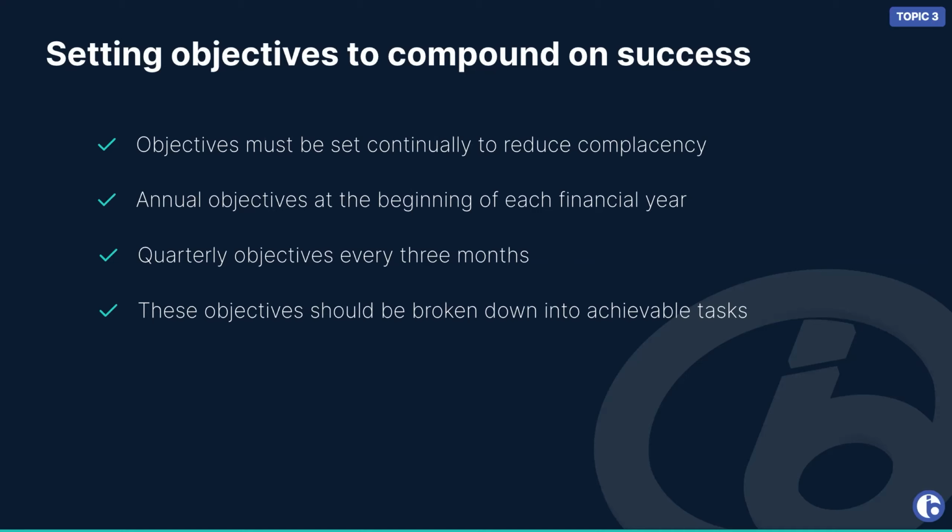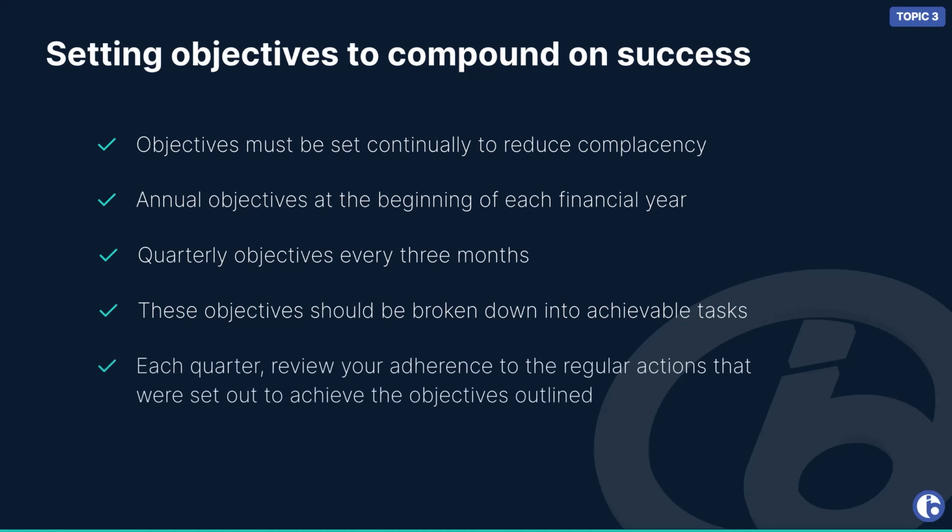So we must always make sure that we're not just committing to ourselves and promising ourselves these big things, but not actually putting down a plan to make it happen. Okay, now each quarter you should review your adherence to the regular actions that were set out to achieve the objectives outlined. Okay, so in order to achieve any objective, we must make sure that we're putting in regular actions.